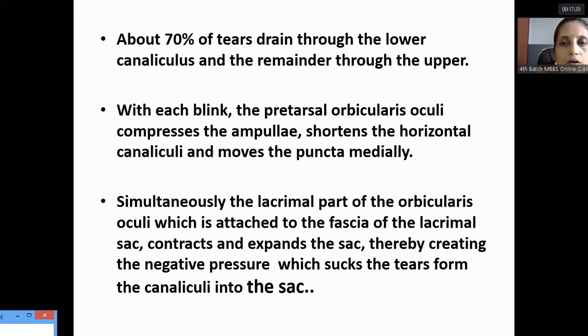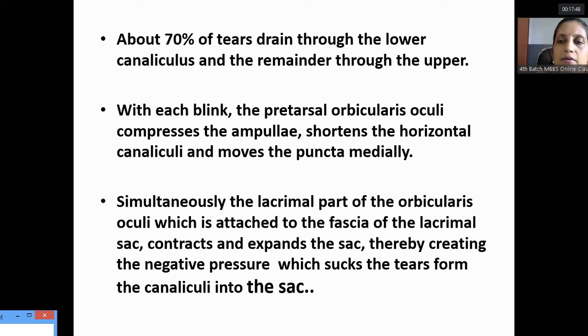So listen very carefully. When you blink, when you close the eye, the pretarsal orbicularis muscle compresses the ampulla, meaning the initial part of the canaliculi, so that the canaliculi are shortened and the punctum comes more medially to the wall.